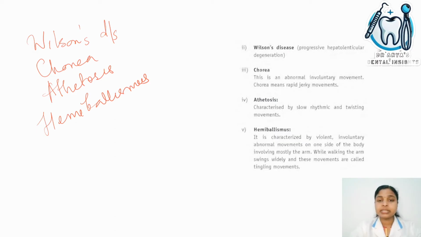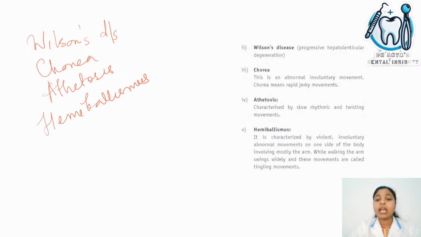So, these are the various movements. First one is Wilson's disease. It is progressive hepatolenticular degeneration. Chorea is an abnormal involuntary movement or rapid jerky movements. Athetosis, slow rhythmic and twisting movements. And hemibalismus, violent involuntary abnormal movements on one side of the body involving mostly the arm.